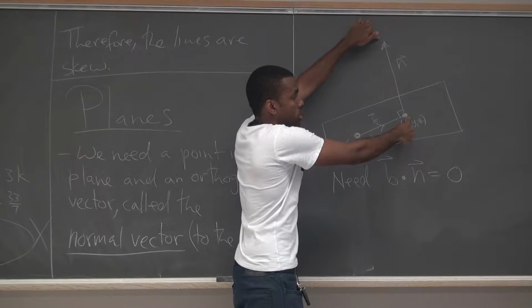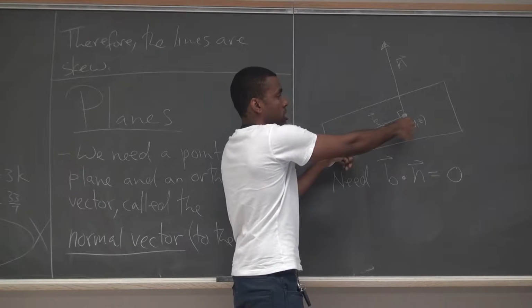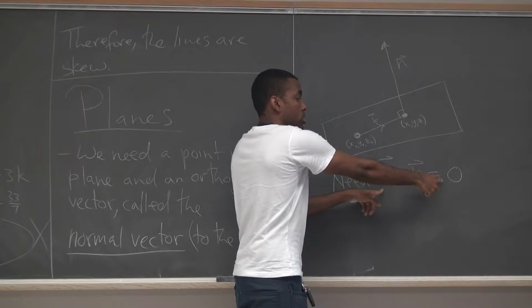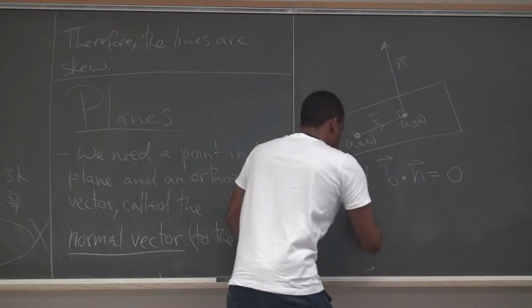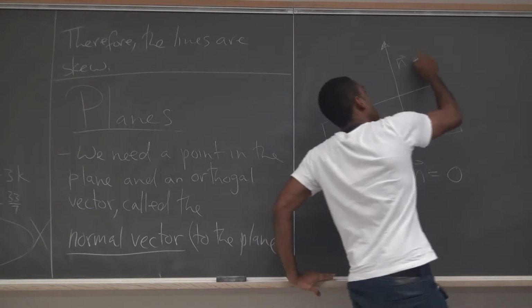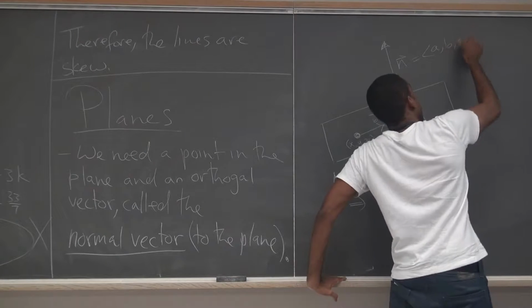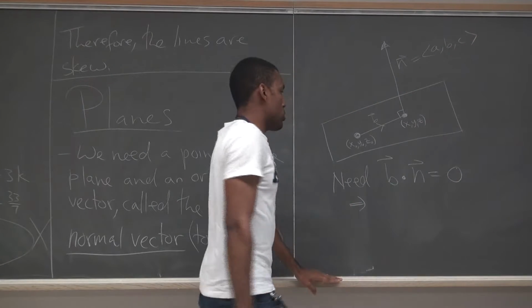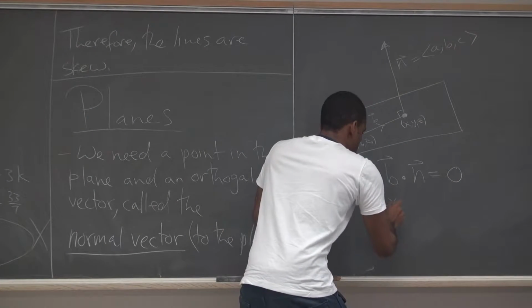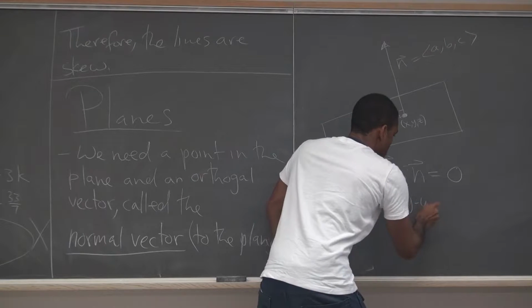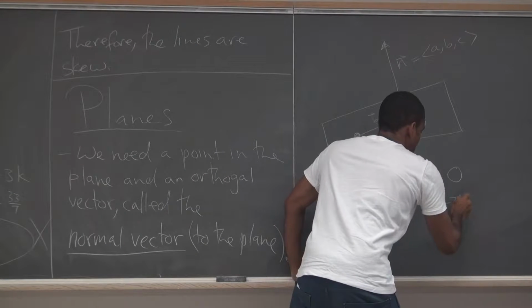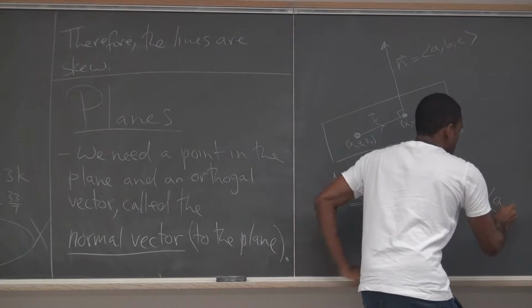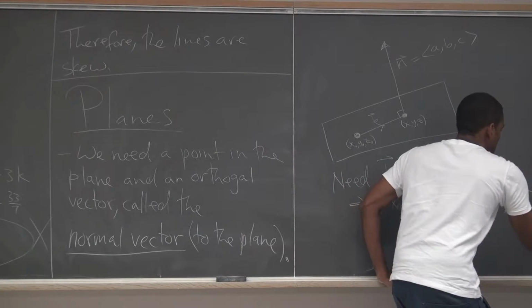If the normal is orthogonal to the plane, it must be orthogonal to this vector, which means the dot product is 0. Let's say I know the components of this normal vector, call it A, B, C. This would mean (x minus x0, y minus y0, z minus z0) dot (A, B, C) should give us 0.